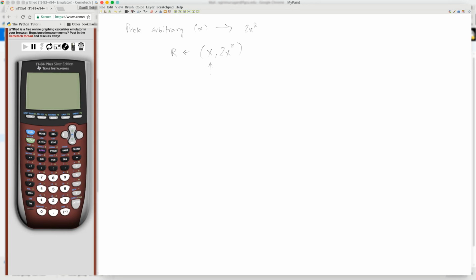When the value of x is some x, the corresponding function value is 2x squared, the value of y. So the first point is P, which is 1 comma 2, and the second point is my arbitrary point R.